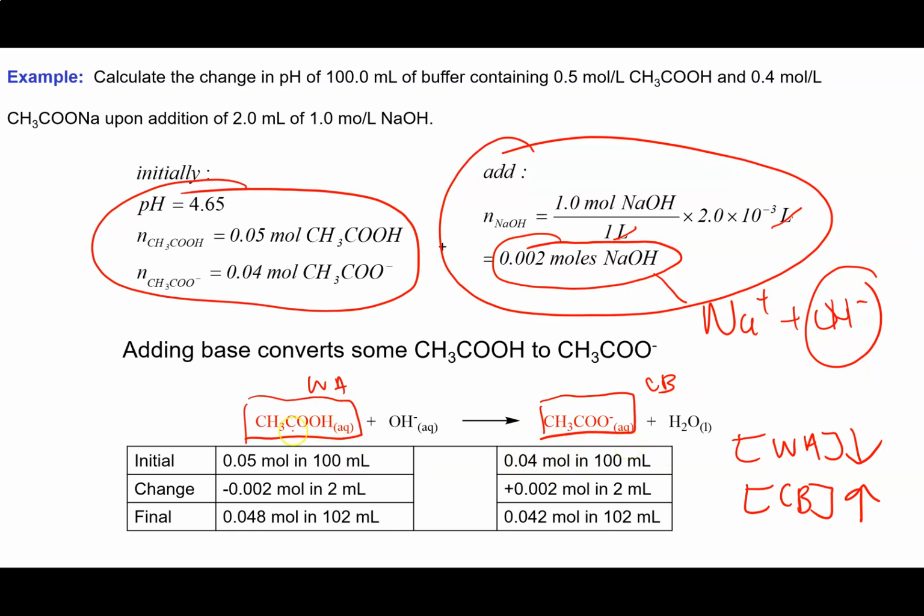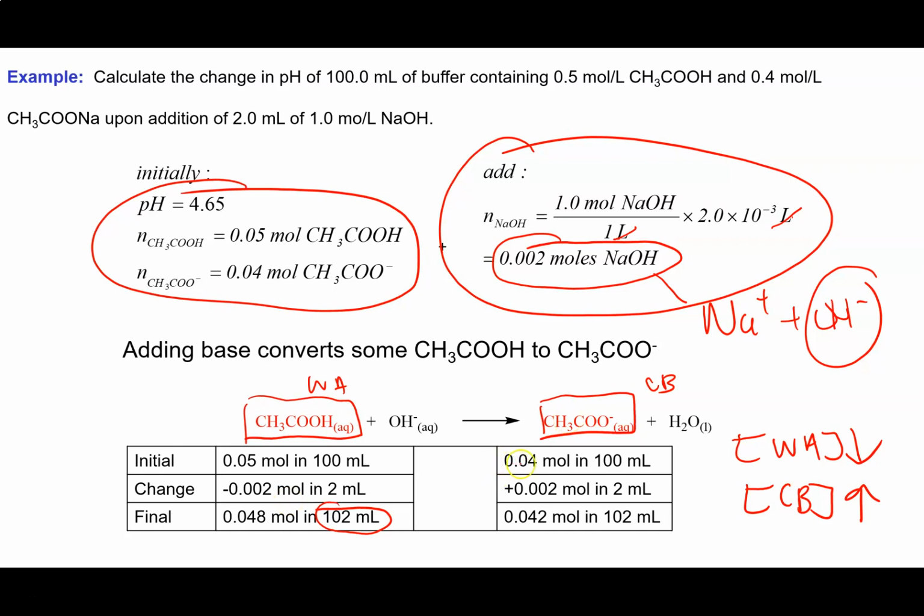And then I added 0.002 moles of hydroxide ion in 2 mils. So that's going to consume some of my acid, right? So that leaves me with 0.048 moles of my acid in a total of 102 mils. So now I look at my acetate anion.